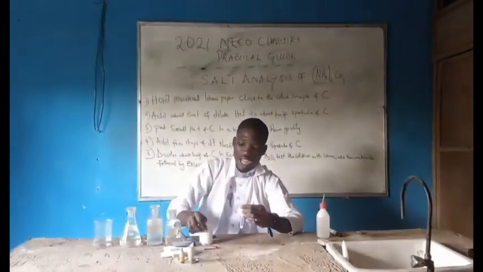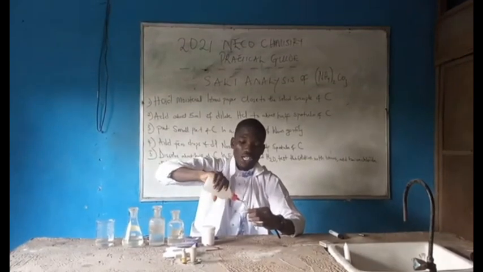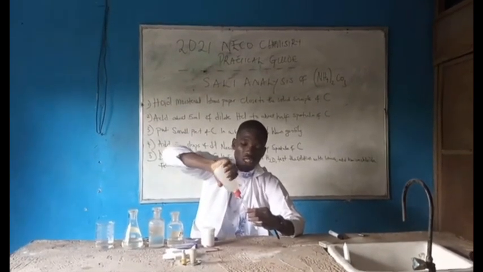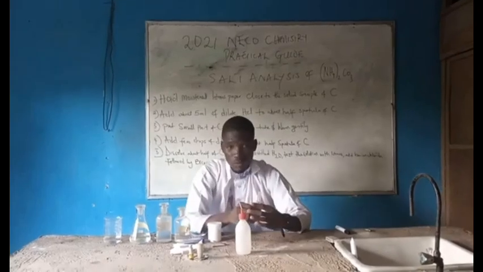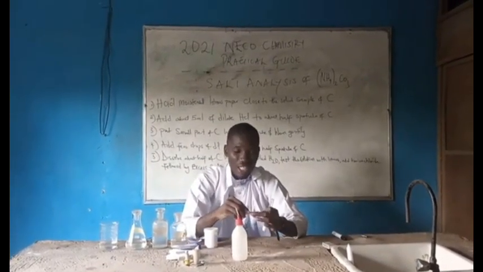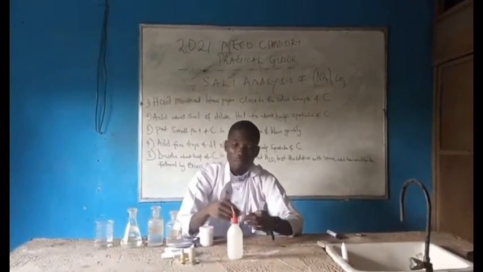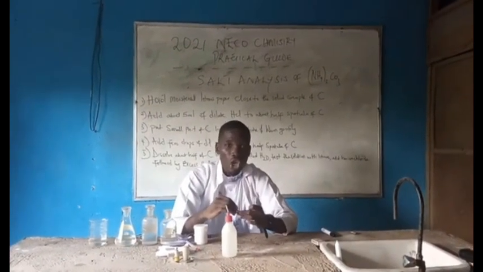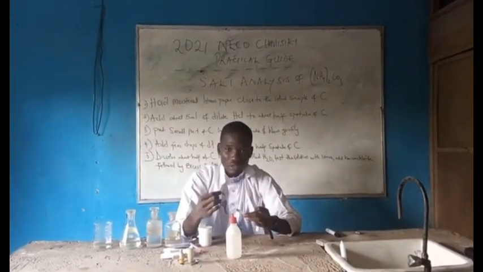The next thing to do is that we have our wash bottle here. We pour the distilled water into the test tube. So you can see it now. The next thing to do is that we have to moist our red litmus paper. And again, because we are substituting the baking powder for ammonium carbonate, it won't change fast.